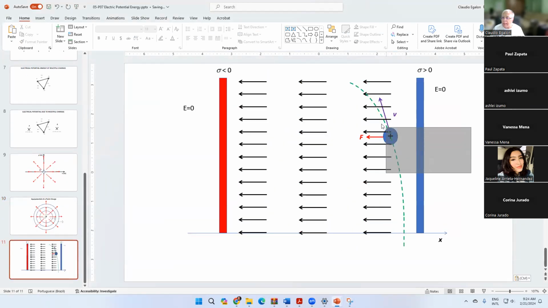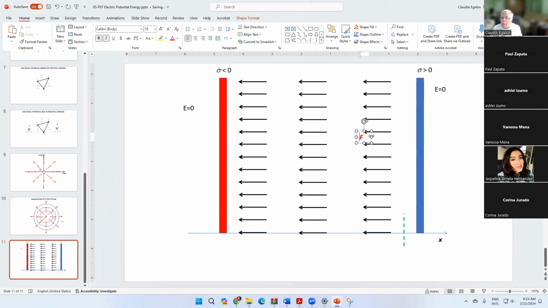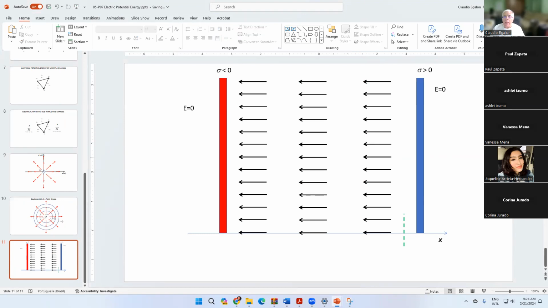Then I'm going to take out this charge that I do not need. All I want is the electric field there. Let me see if I have it right. Yeah, I have it right.